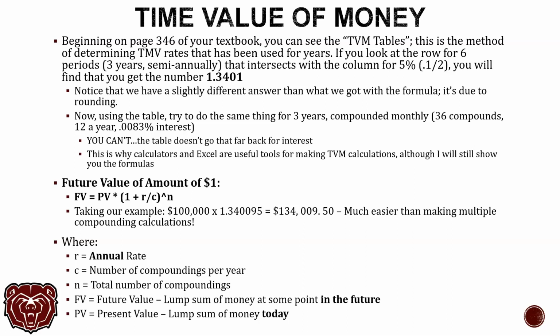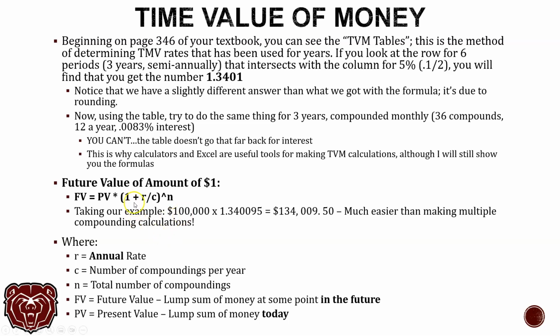Okay, so let's talk about the future value of an amount of $1. So what is the future value of $1 today? Okay. So it is the exact same formula, except now we're going to multiply the present value. What is our investment today?